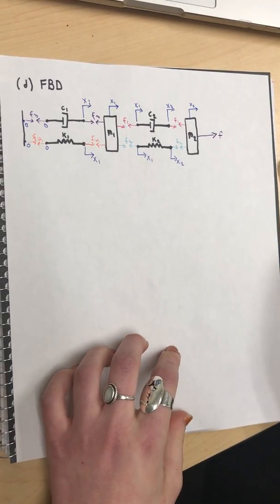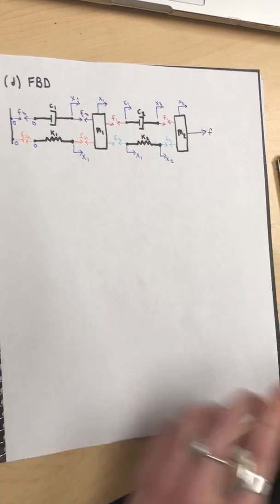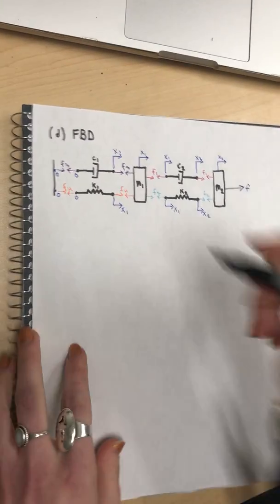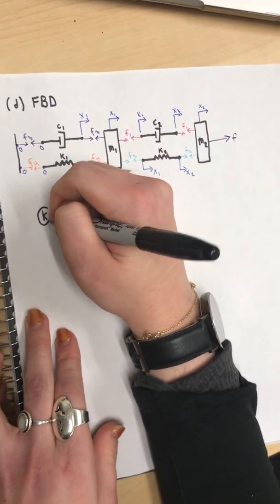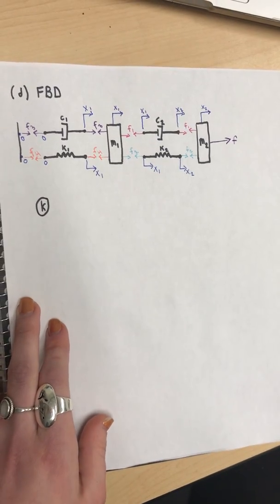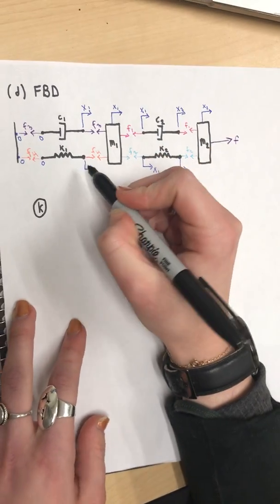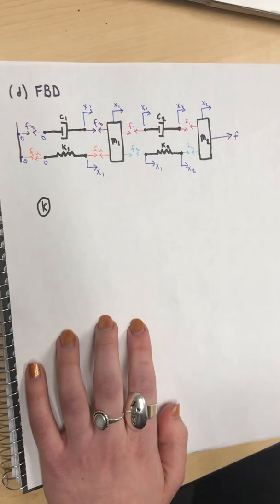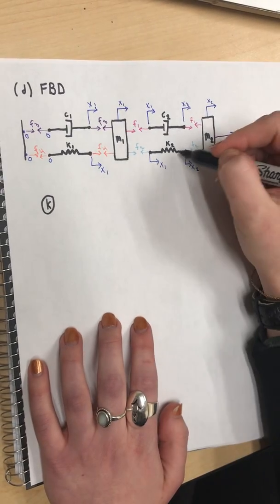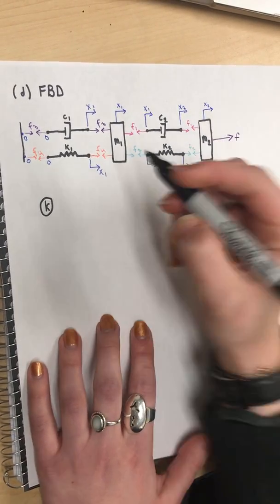So we'll start with the equations of motion. So we're going to start with the springs again. So I'm going to start with spring 2, and the force on this spring right here is F2.